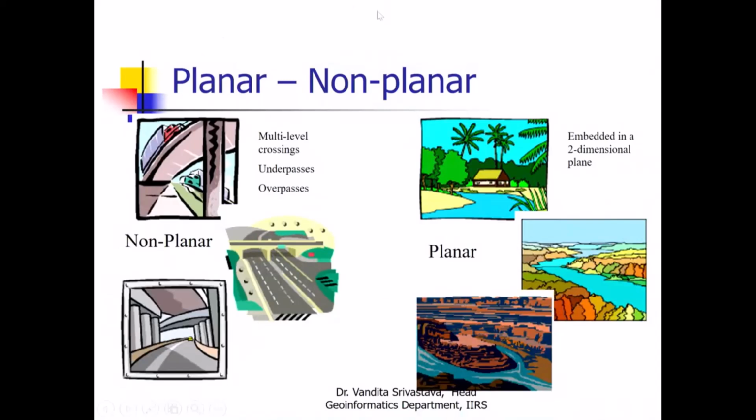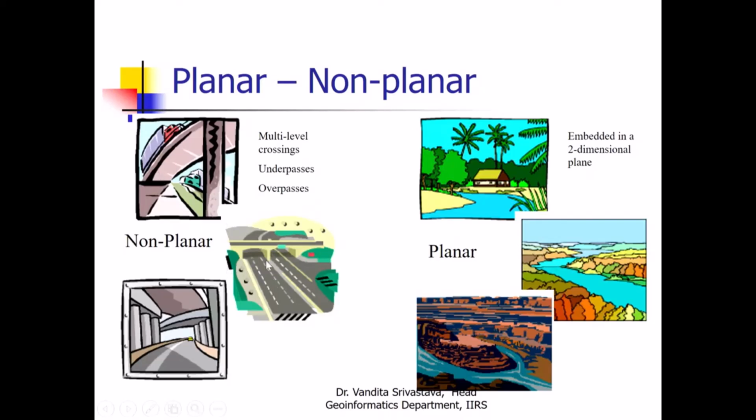So we can have planar and non-planar networks. Planar networks will follow only one level, embedded in a two-dimensional plane, like the water. But if we have a canal as an additional one, we can have non-planar as well.